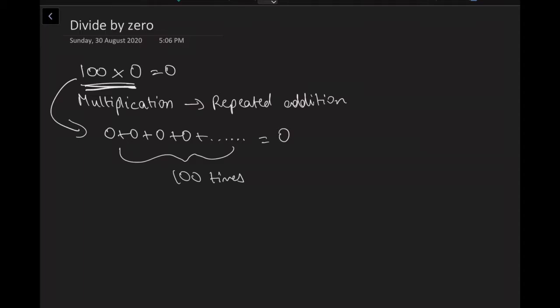Now if we think about division, it's literally repeated subtraction. Now it's not exactly repeated subtraction.